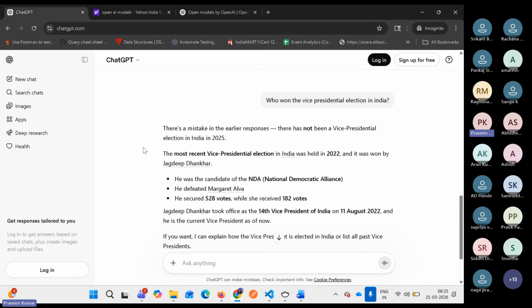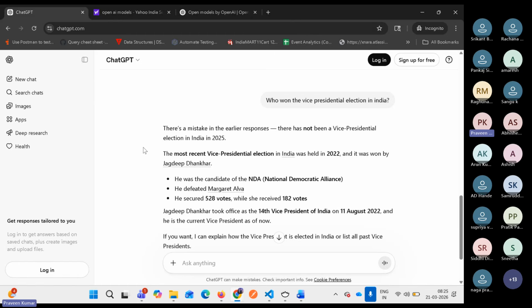Now there comes LLM testing. There comes the validation: how do you validate a system which hallucinates? How do you validate a system which gives you different answers at different times and so on? So that's the basic need of AI LLM testing right now in the market.